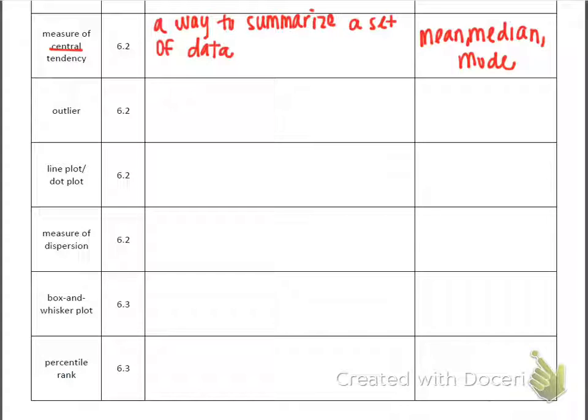We also have outliers. So in a data set, if we have a piece of data that is either much greater or much smaller than the rest of the data, it's considered an outlier.